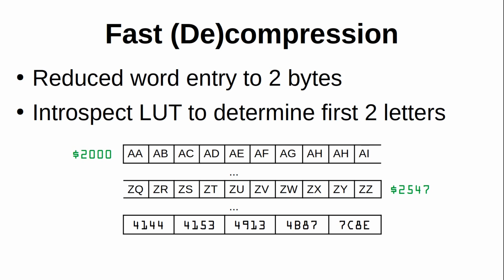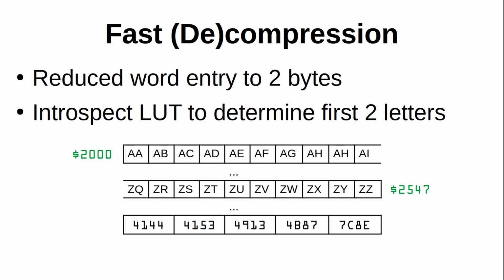After that ZZ address, you start to see the words themselves, condensed into 16-bit words: 2 bytes that have everything you need.